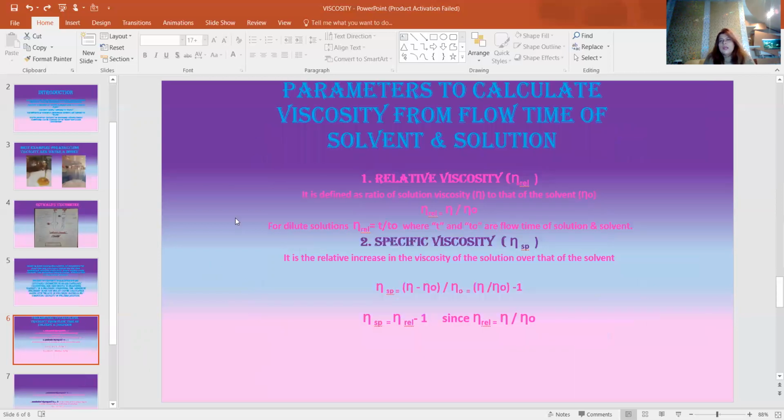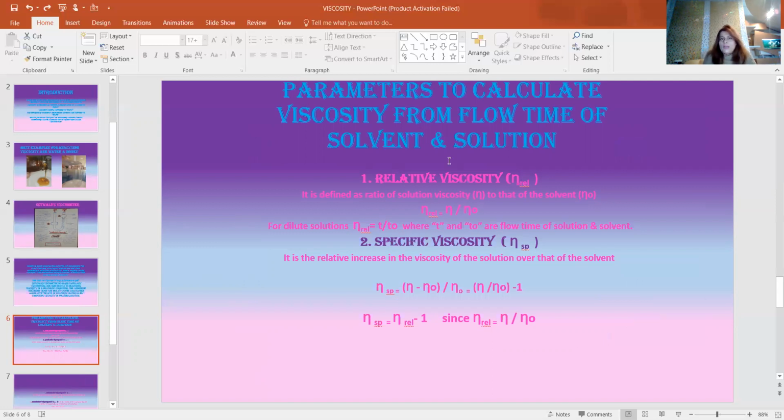Okay, now let's see the parameters that we can calculate to get viscosity from the flow time of solvent and solution, right? You have a solvent and a solution, so you can calculate the viscosity. So what could be those different types? Let's discuss number one, relative viscosity.